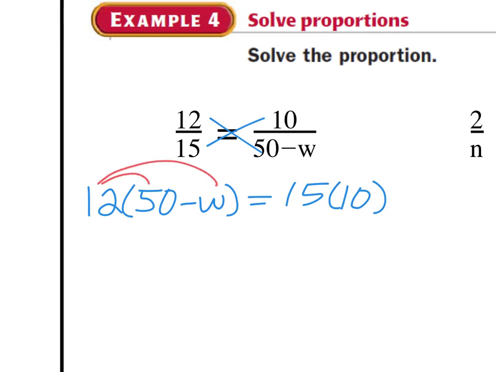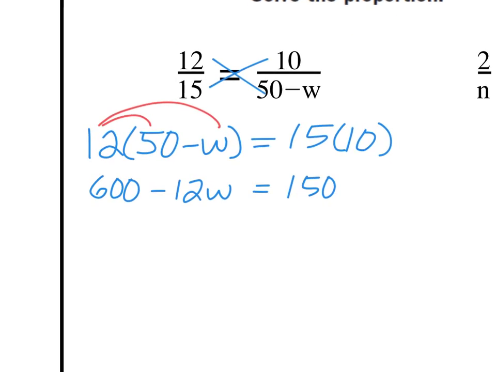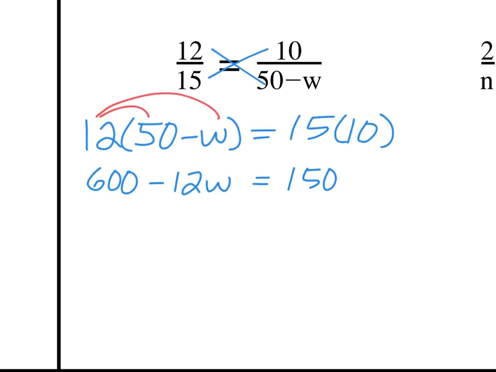So we distribute the 12 to both terms. And we're going to multiply those two numbers on the right, give you 150. Finish solving that equation, please. You do not want to subtract 150, because if you do that, then there's nothing left. You have to subtract the 600.